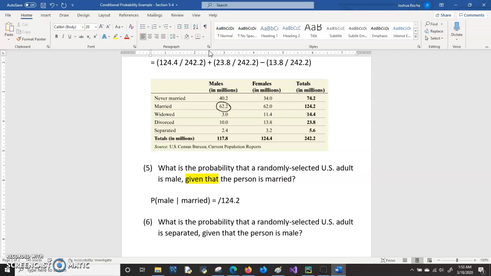So that will be the numerator, 62.2. And if you work that out as a decimal, that comes out to about 0.5008.